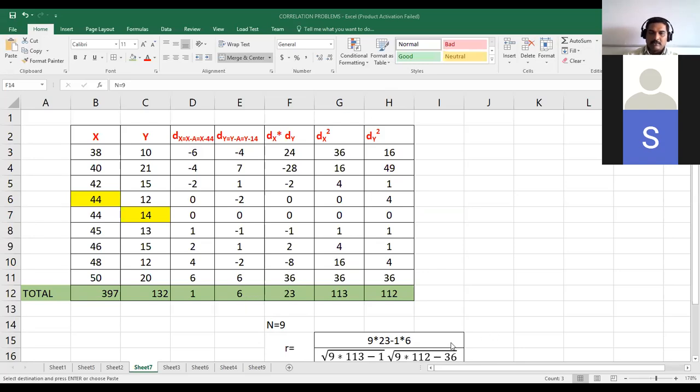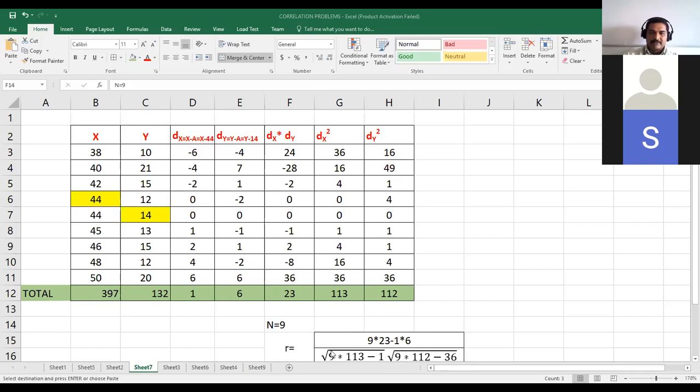We multiplied in the numerator, whole divided by the denominator: square root of n into summation dx square, that is 113, minus summation dx whole square, that is 1 square, into square root of n into summation dy square, that is 112, minus summation dy whole square. So all the terms we have kept here. We substituted the terms we found as summations into the formula.